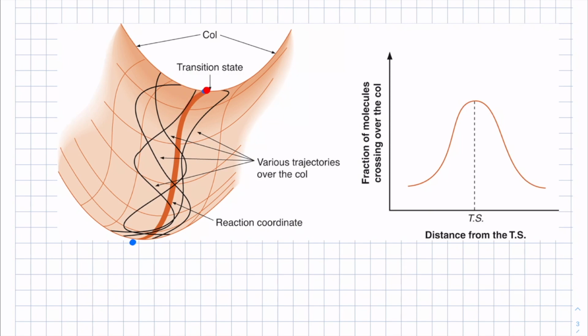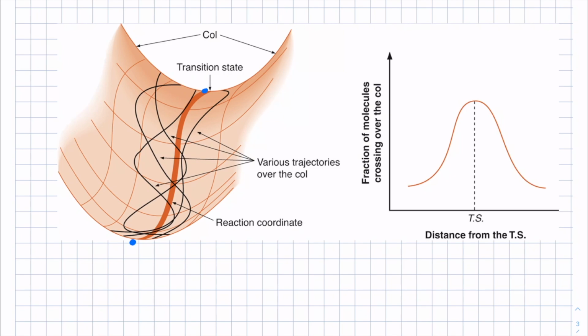And here, from this perspective, it's easier to see that at the saddle point, we're only considering two coordinates, as if this molecule only had two possible ways to change its geometry. If you move in the other direction, it's uphill. But if you move along the same direction, it's now downhill.